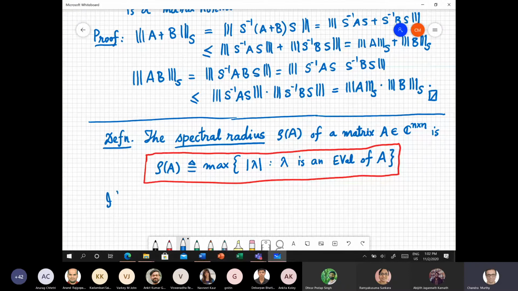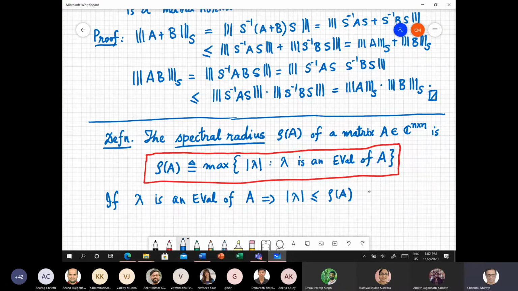Suppose lambda is an eigenvalue of the matrix A. So what that means is that mod of lambda is going to be less than or equal to rho of A, because rho of A is the largest magnitude eigenvalue.